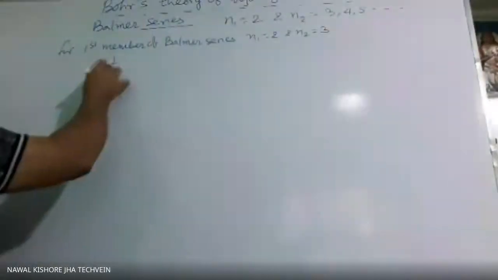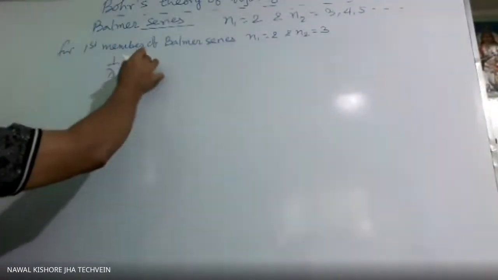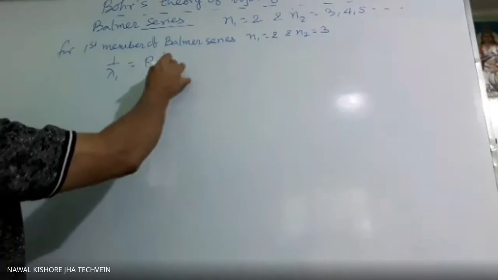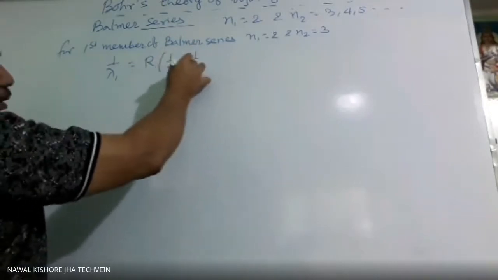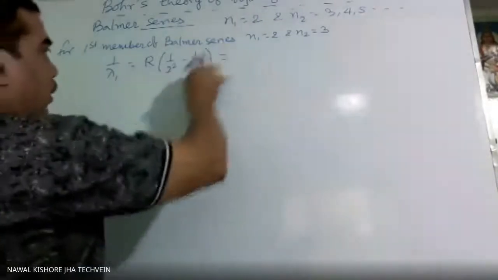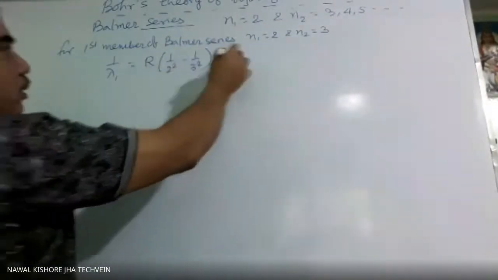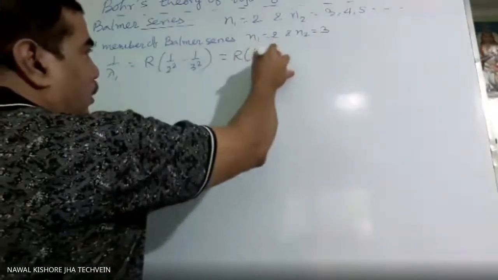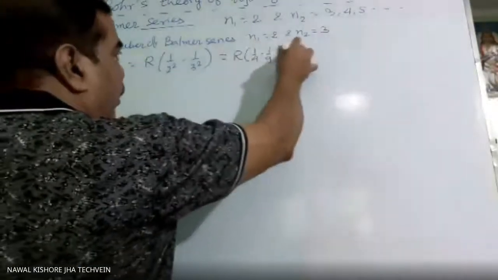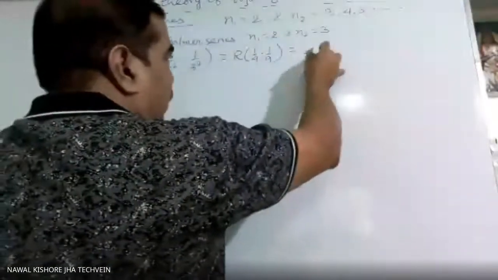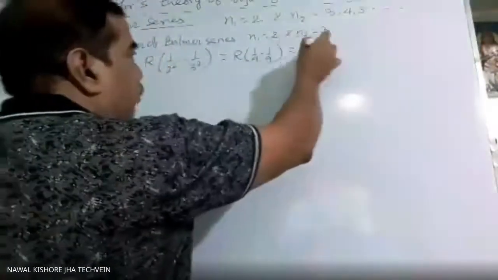So 1 by lambda 1 will be R times (1 by 2 squared minus 1 by 3 squared), that is 1 by 4 minus 1 by 9, so this is 36 over 5.